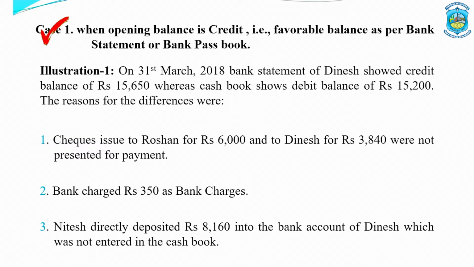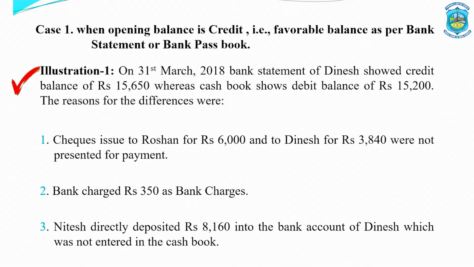It means money is lying deposited in the bank account and we have a positive balance in our bank, therefore it is called a favorable balance. So according to this favorable balance, we will try to understand one of the questions, that is illustration number 1.